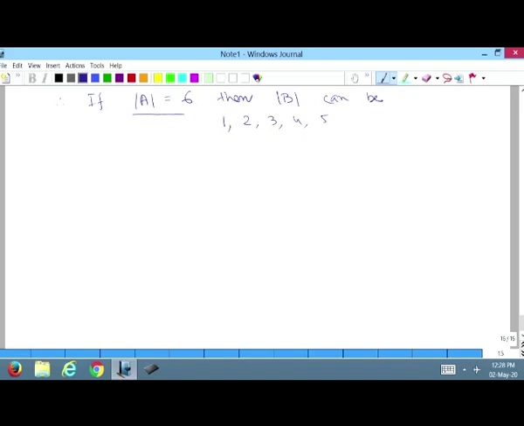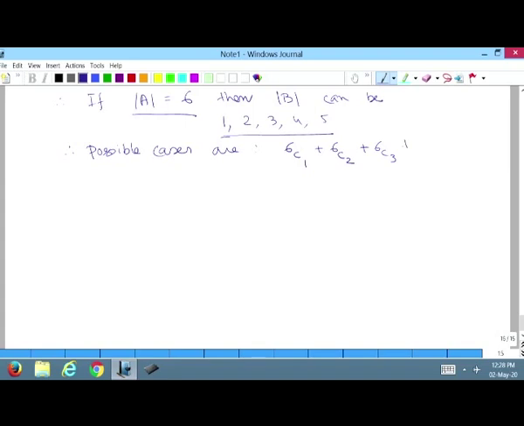That is, if A is the full set, but we take B to be any subset, then how many such possibilities are there? B can be of size 1, that can be done in 6C1 ways. B can be of size 2, that can be done in 6C2 ways.